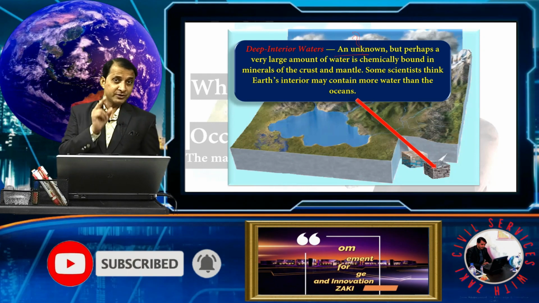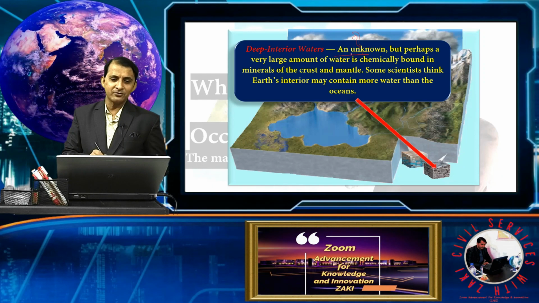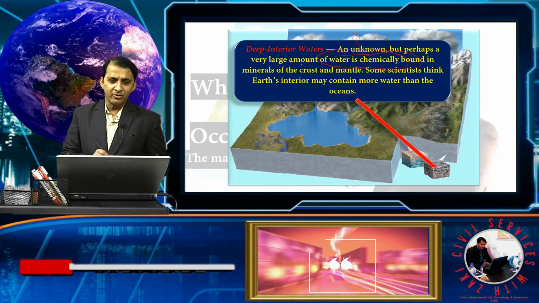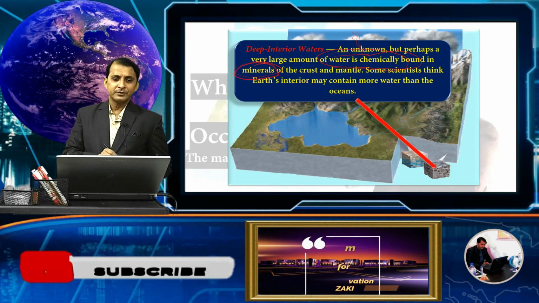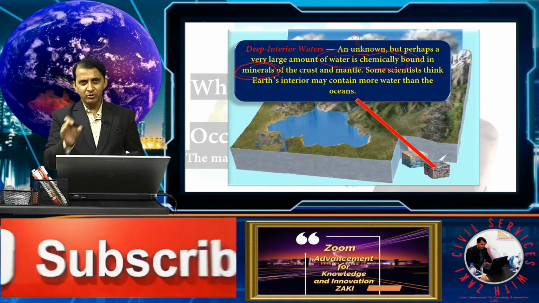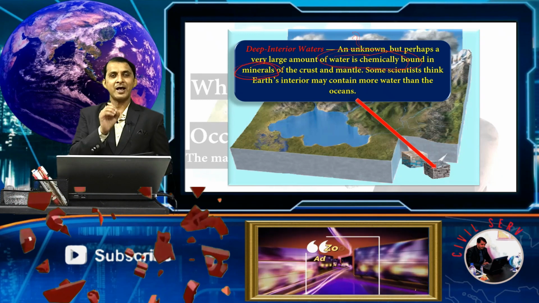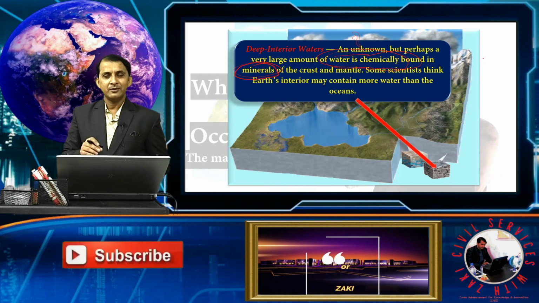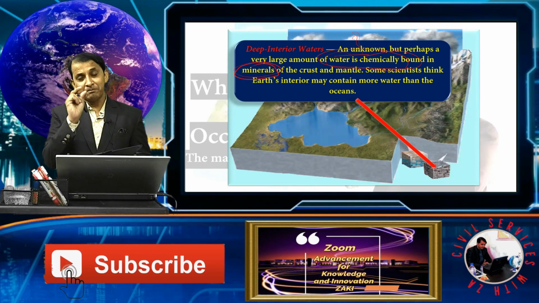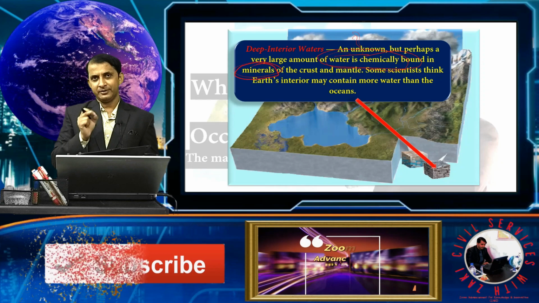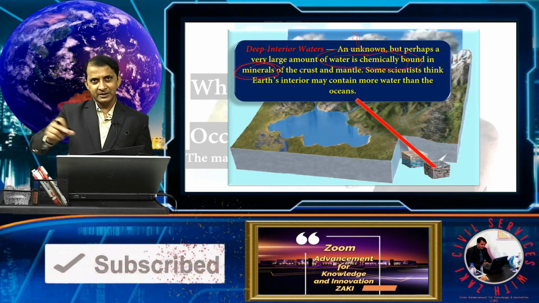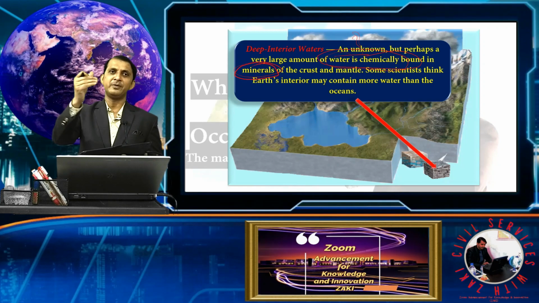This water is not in liquid form; it is chemically bound in minerals. It is not liquid, not plasma, not solid, and not H2O as such, but water molecules bound with the minerals present in the core mantle boundary or mantle.